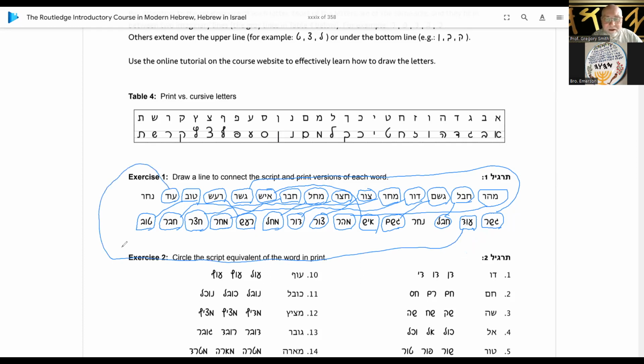All right, so just by process of deduction, we should have nahar. That's a het. Nahar.